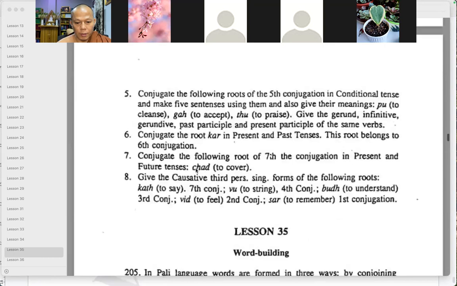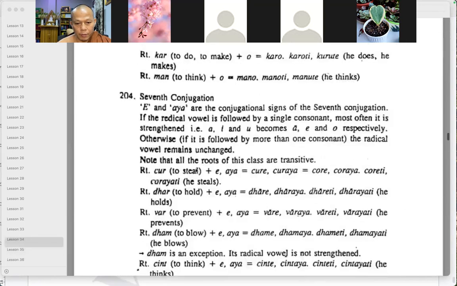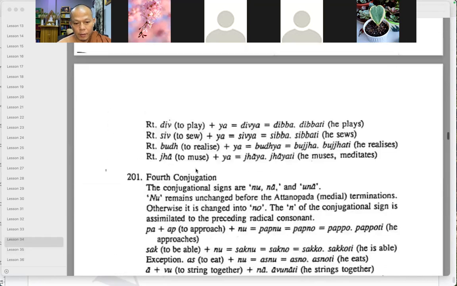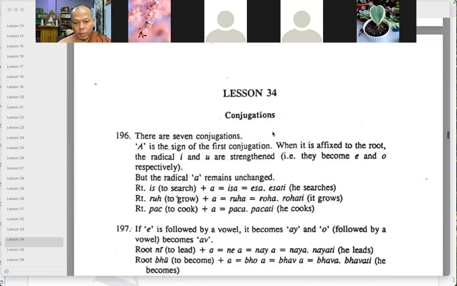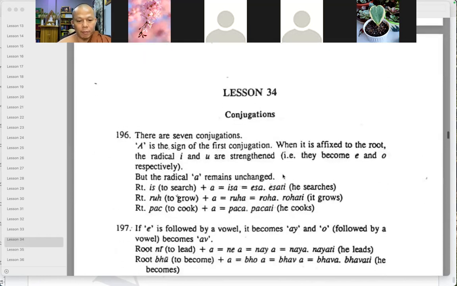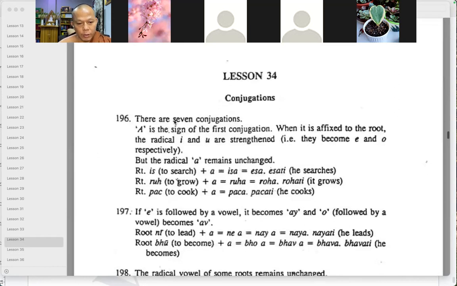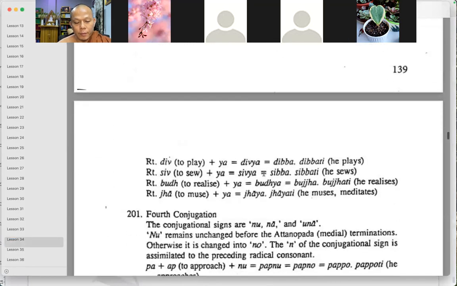So last time we finished lesson 34. Lesson 34 is about conjugation, the conjugation signs, the seven conjugations we already covered.